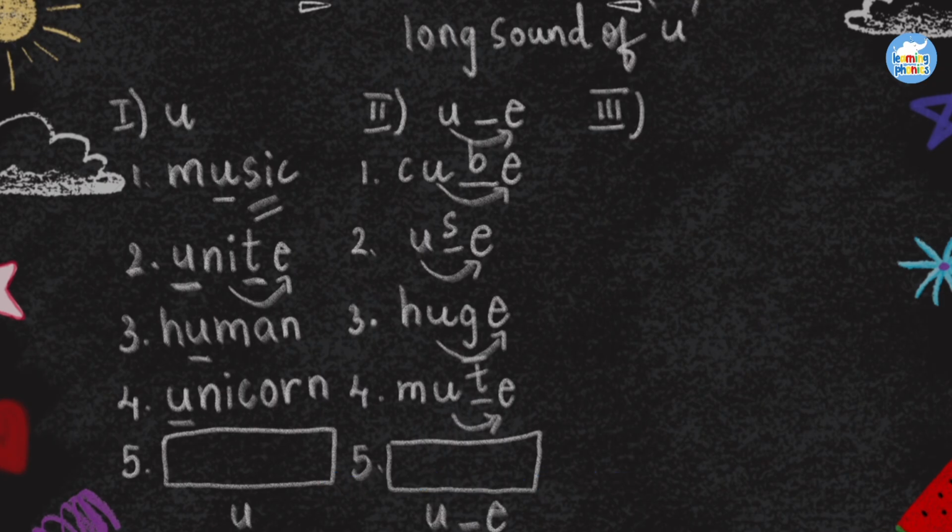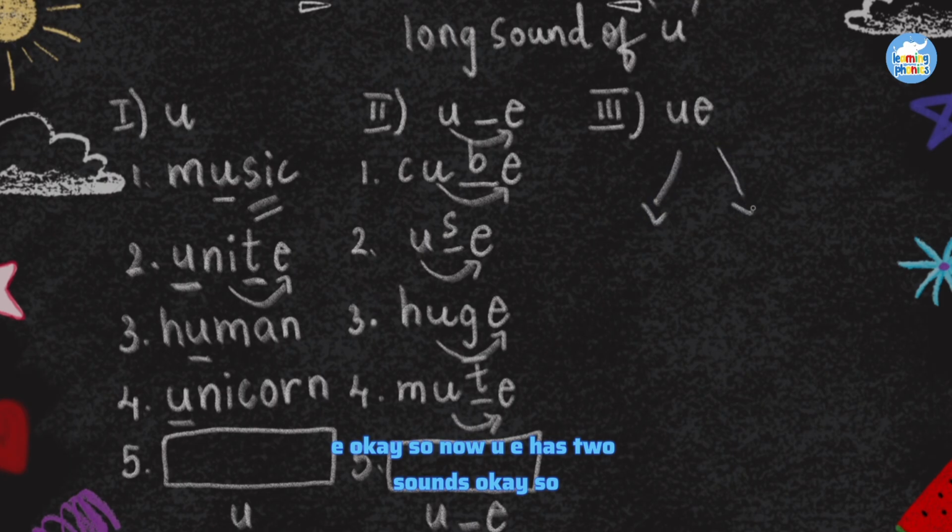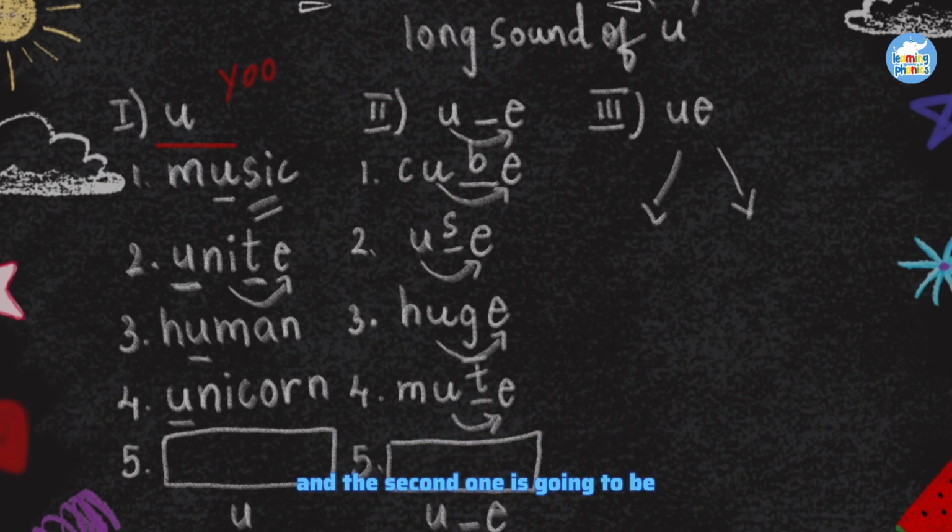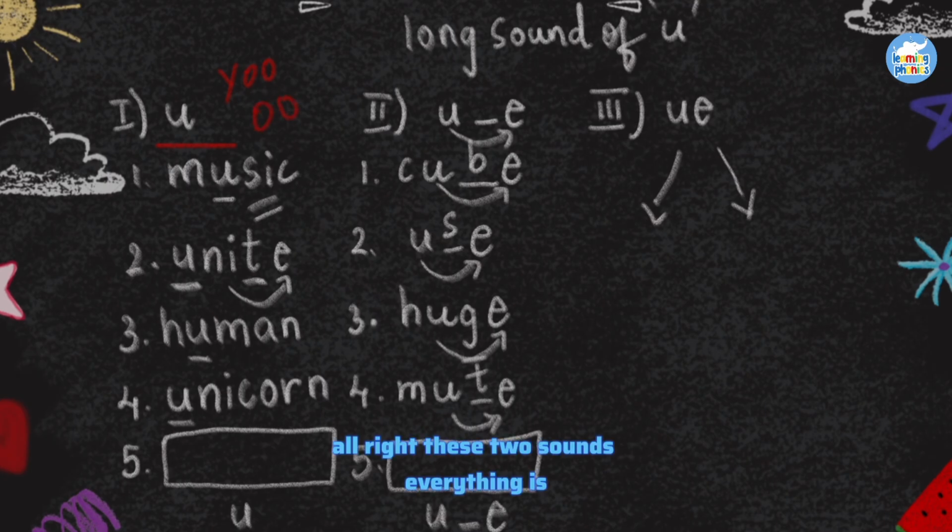The third one is UE. Now UE has two sounds. Basically, whatever we are learning, this U is going to have two sounds. One is the U that we learned, and the second one is oo.